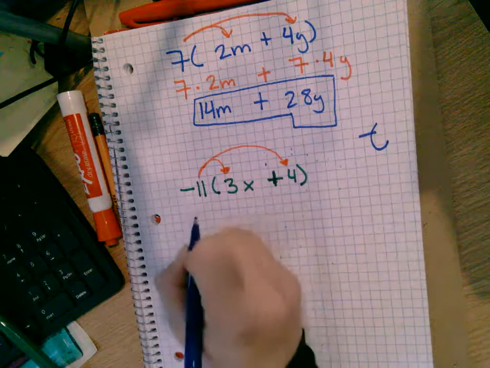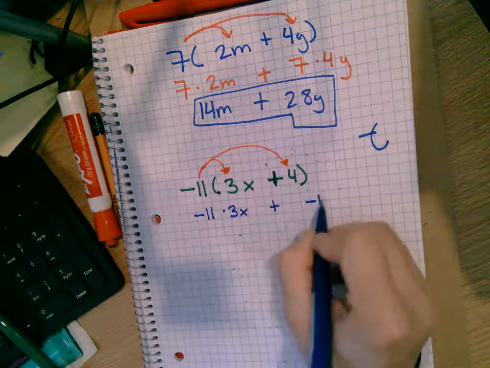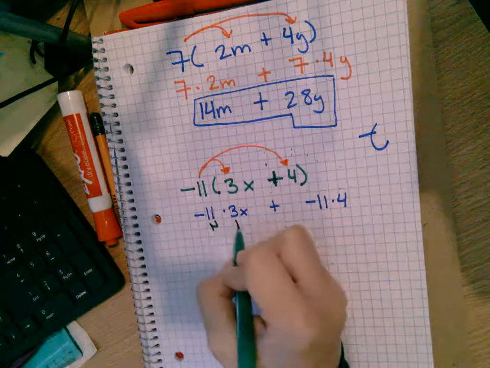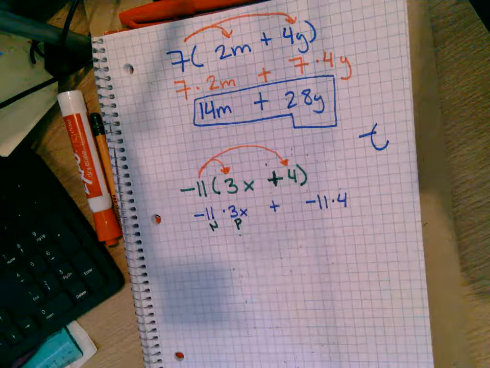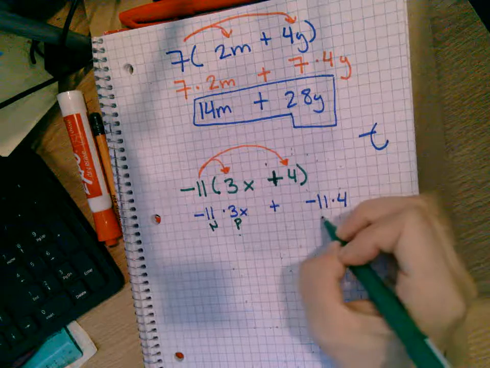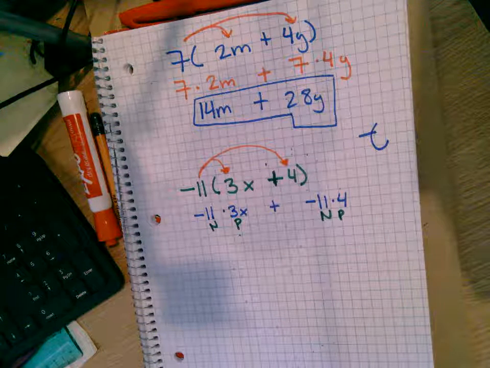So here it's negative 11 times 3x plus negative 11 times 4, right? Now here it's a negative and this one's a positive. So you got to go back and remember those rules that we did a couple of weeks ago. All right, what's negative 11 times 3x?